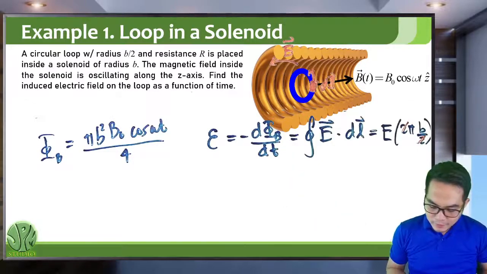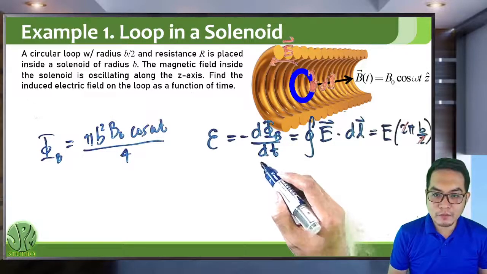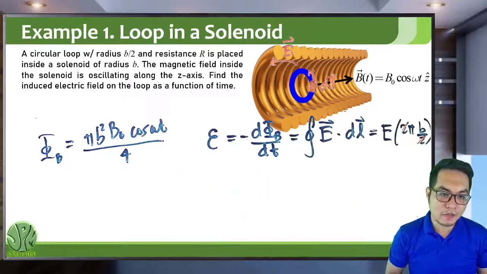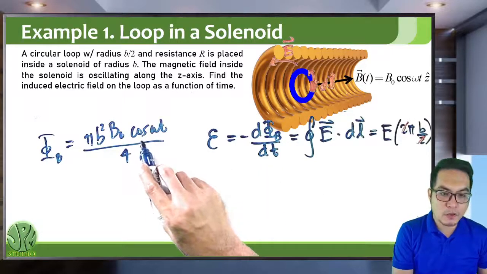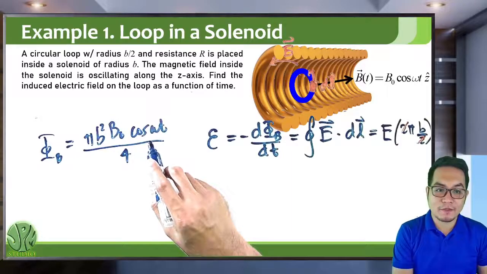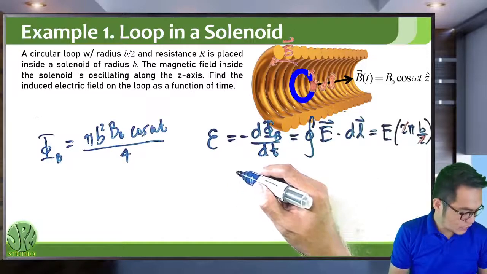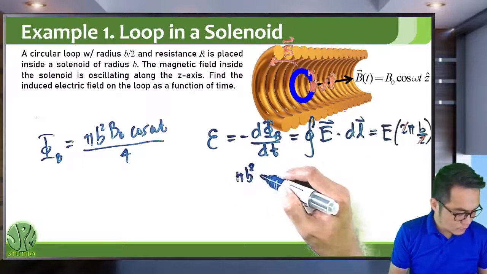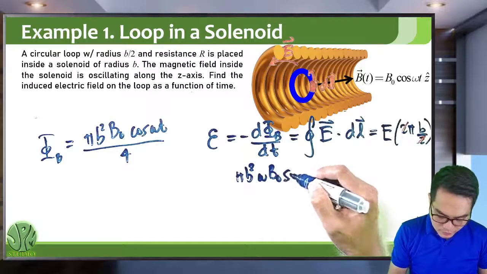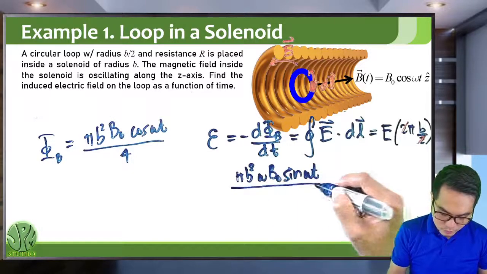For the derivative of this, we get the time derivative of that. The only time component is cosine omega t. The derivative of cosine is negative sine omega t times omega. And you have the negative sign, so you get a positive result. So you will get pi b squared omega B naught sine omega t over 4.